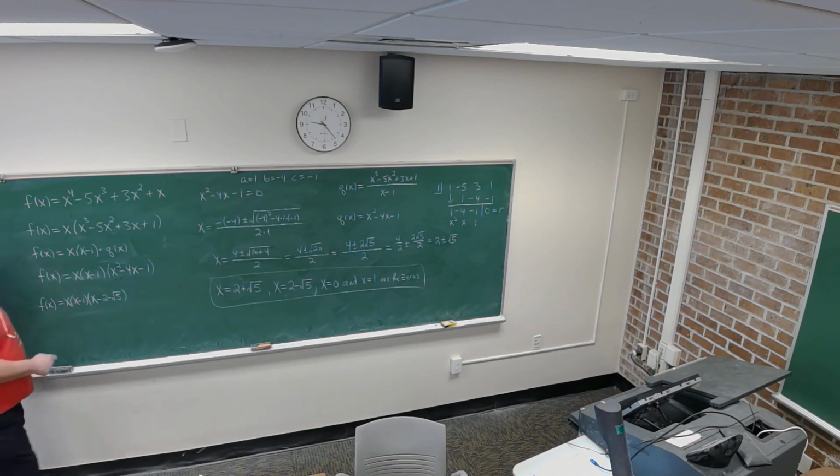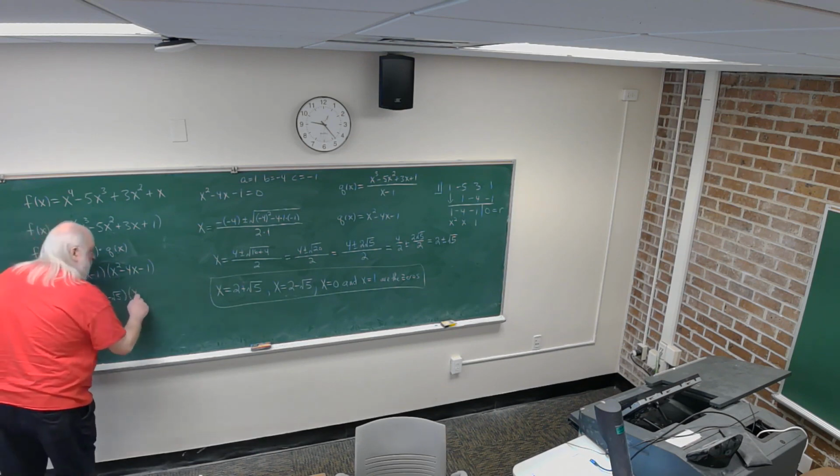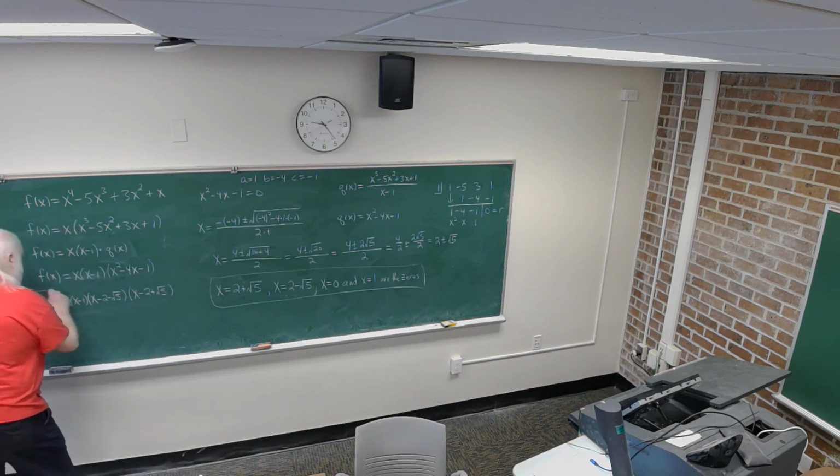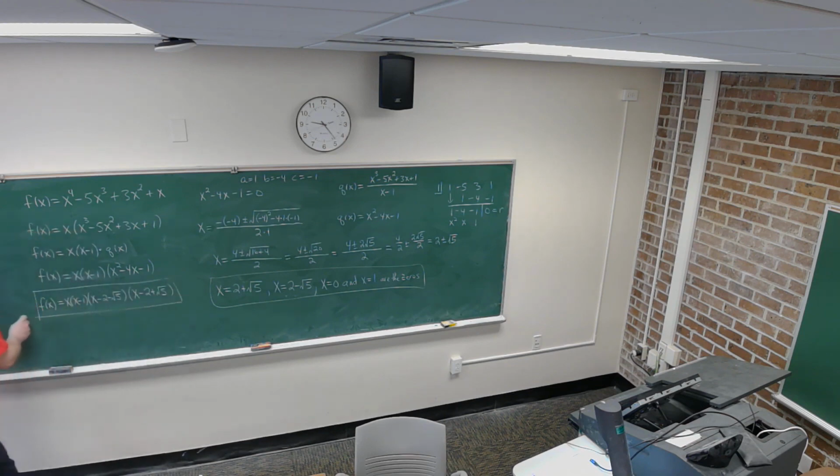And then finally the fourth factor is x minus 2 plus the square root of 5. So that gives us the complete factorization of f of x.